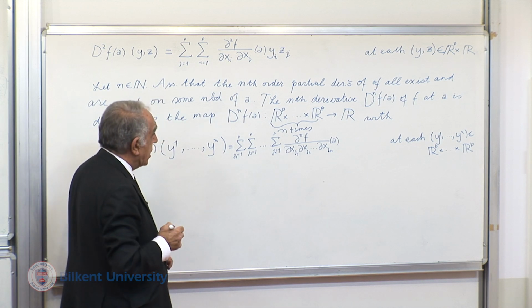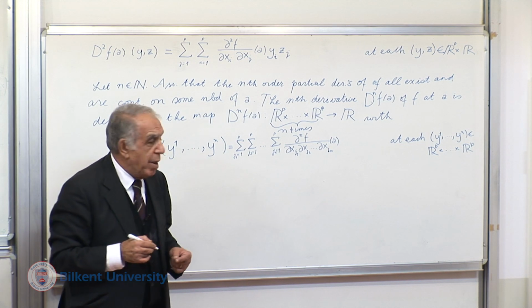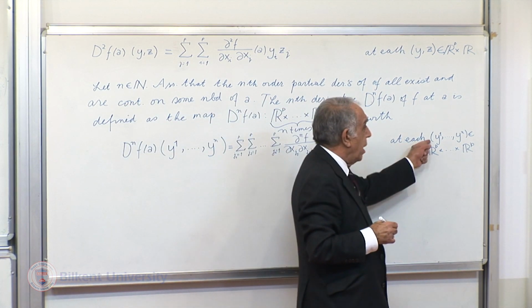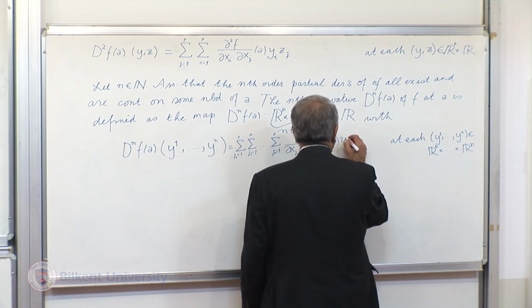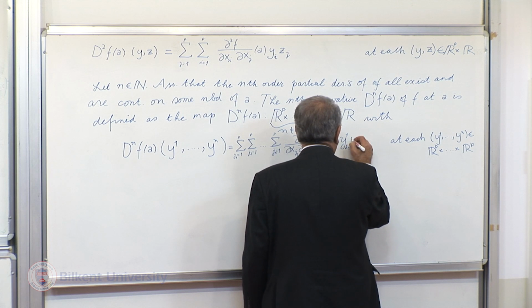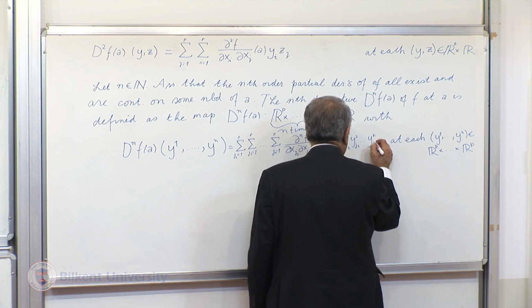And each such partial derivative will be multiplied by the corresponding components of the n vectors here. So we'll have y1,j1, y2,j2, up to yn,jn.